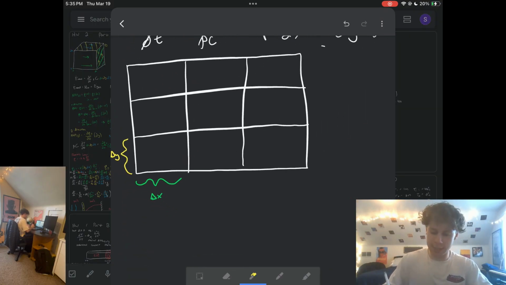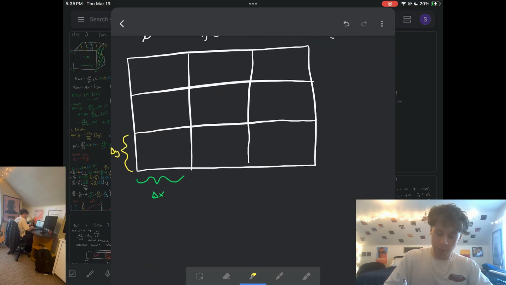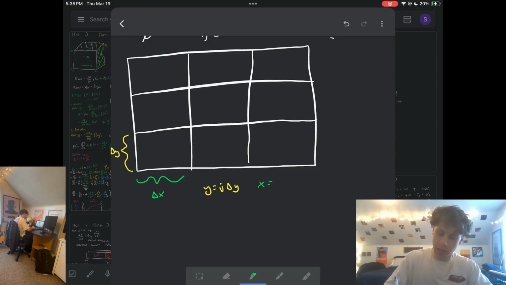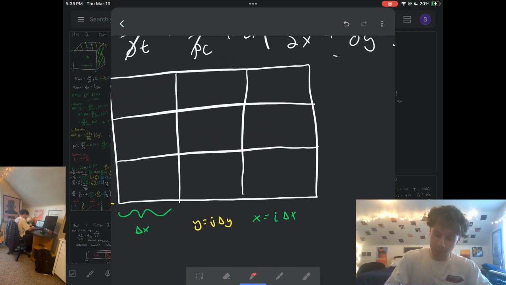And we'll say that the entire height of the bar y is equal to j times delta y, and the length of the bar x is equal to i delta x. So to evaluate the temperature of each of these squares, we'll say that the center square has a temperature of T i j.